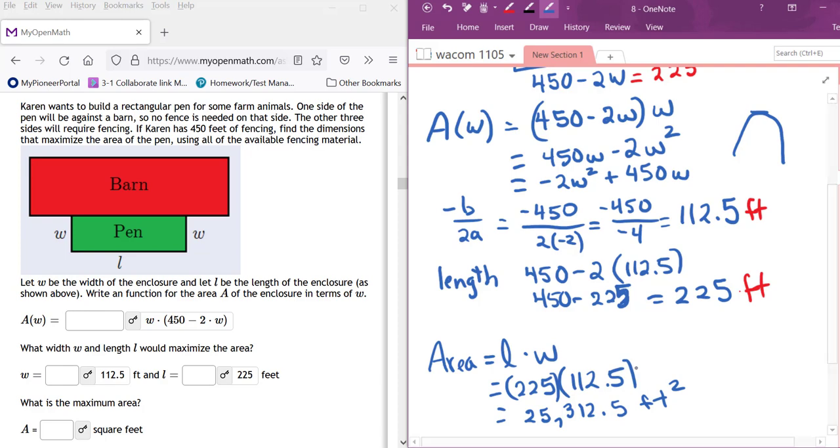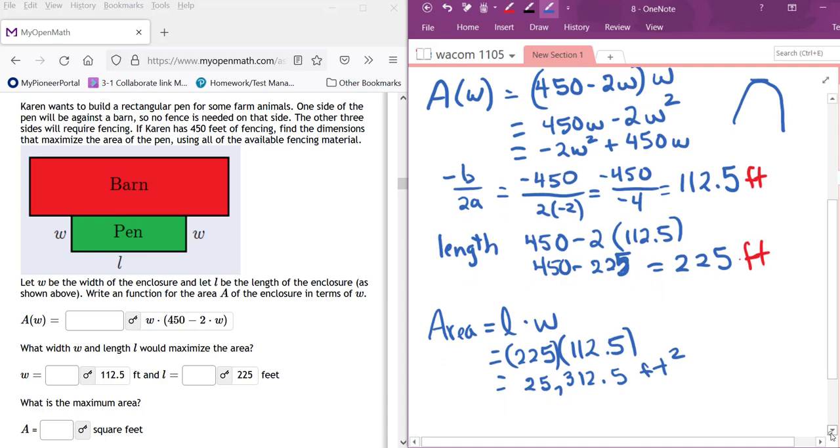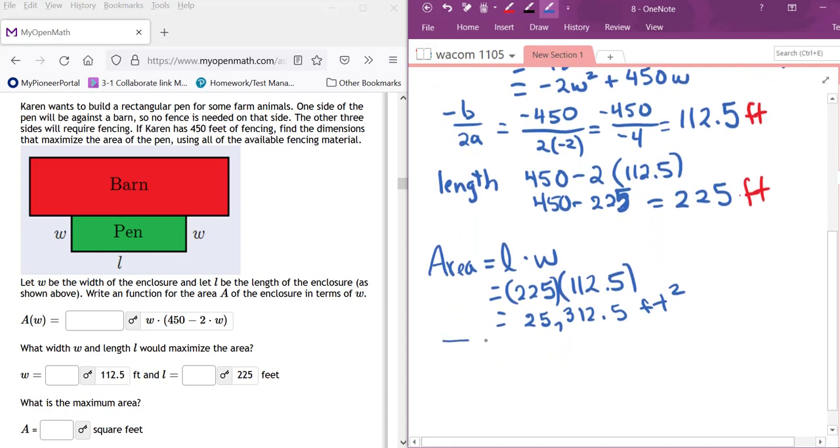You also could have plugged in your x value into your function to get the y of the vertex, which is going to be your value of your max, and it will give the same answer. So a different way, same problem.